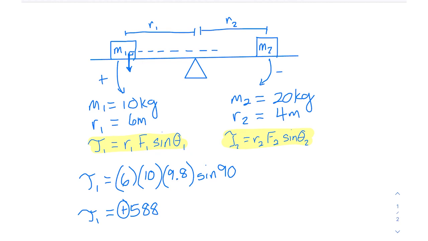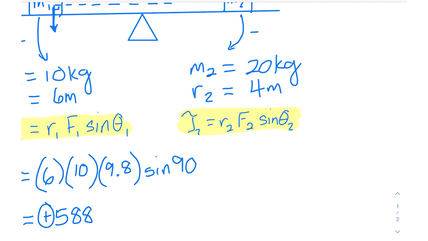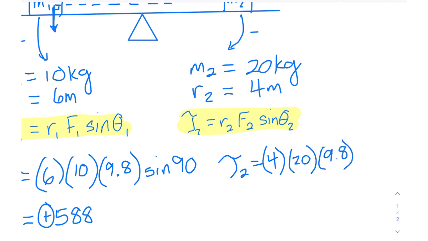Now let's take a look at our second torque, and we're going to plug in 4 for R, 20 for our mass, 9.8 for our acceleration due to gravity, and the sine of 90 degrees, because this one is also perpendicular for the same reason as the first.